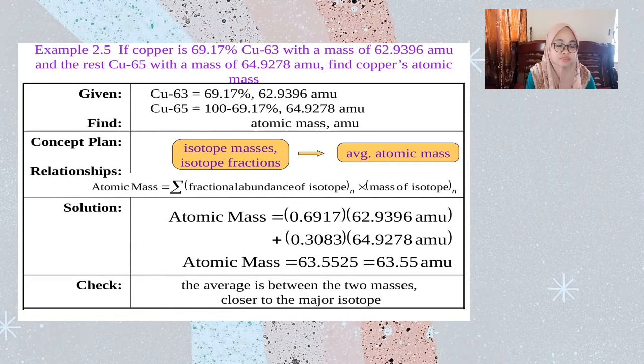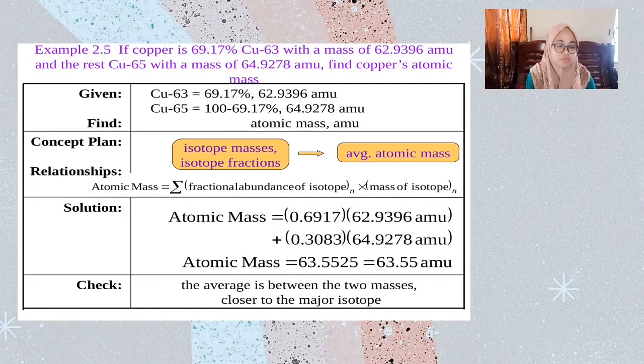For the solution, the atomic mass is bracket 0.16917 times 2.9368 AMU plus 0.13083 times 864.9278 AMU.